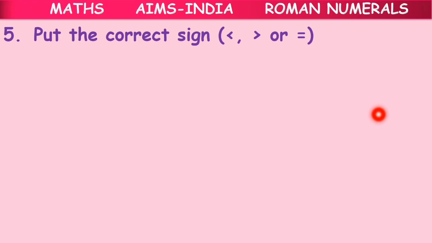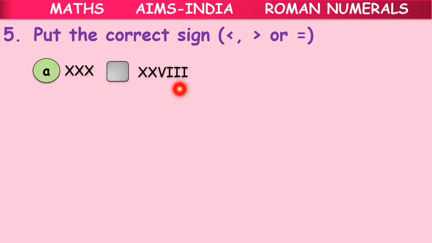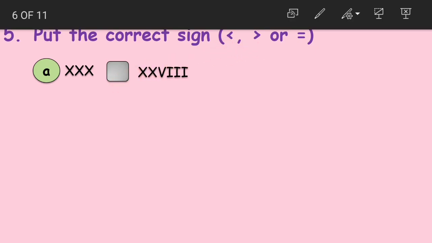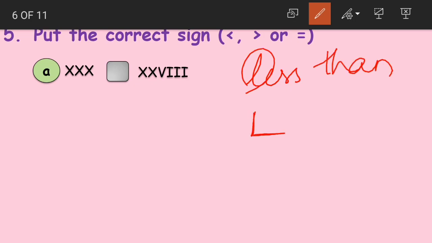Next, put the correct sign: less than, greater than or equal to. Here we have two Roman numerals, and we have to compare both and put the correct sign. One way to remember these signs: less than starts with the letter L. Now among these two symbols, which symbol looks like the letter L?